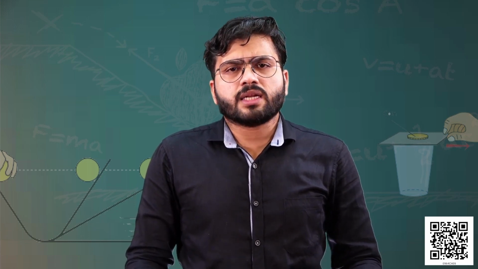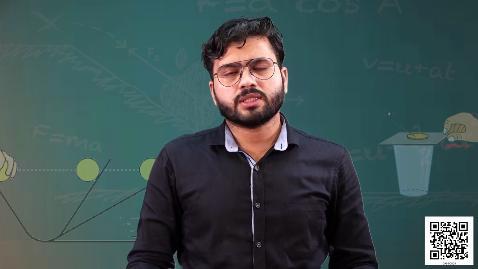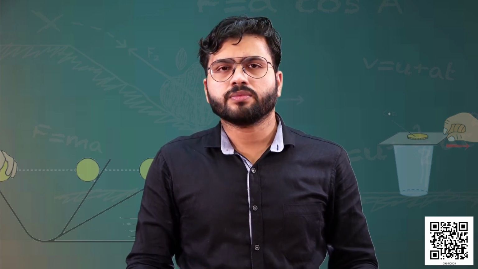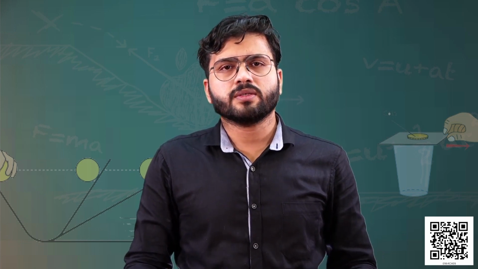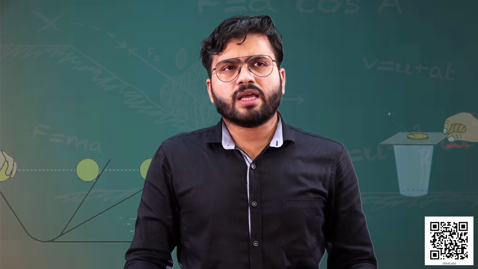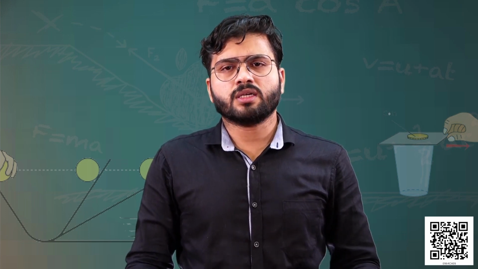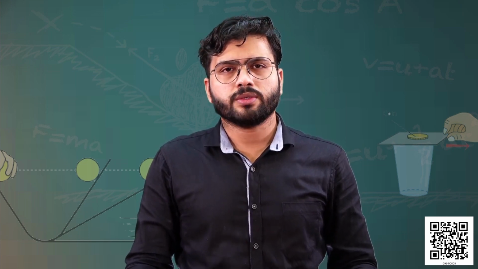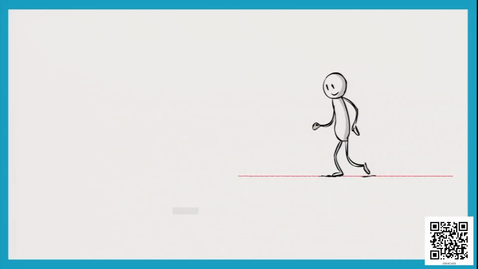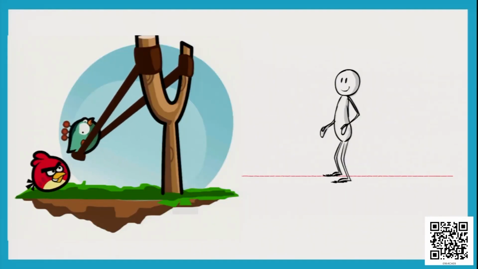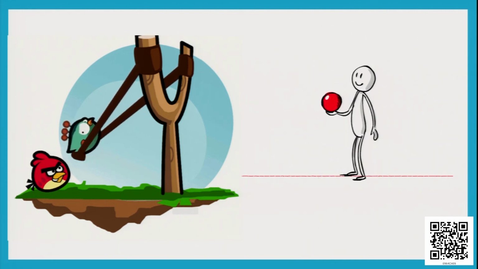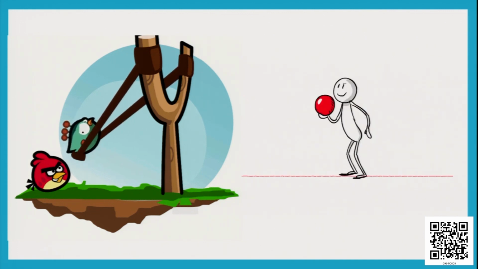So let's relate to some of the phenomena that we come across in our day to day life. The first one, if you see, the graphics suggest that a person is throwing a stone, and the other graphics suggest that using a catapult we are throwing a stone.